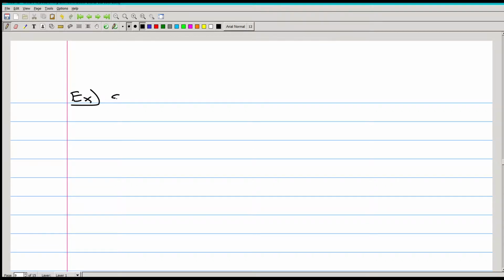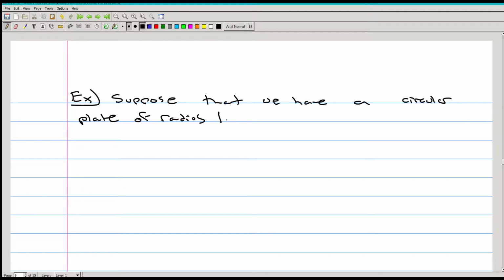So suppose that we have a circular plate of radius, we'll just say radius 1.